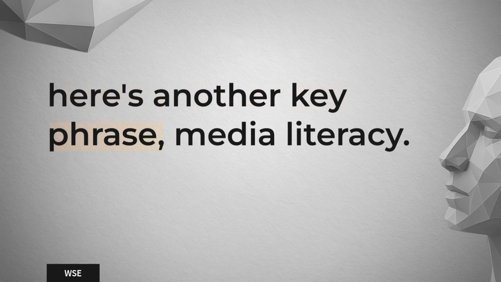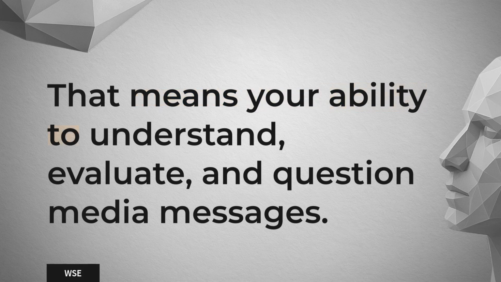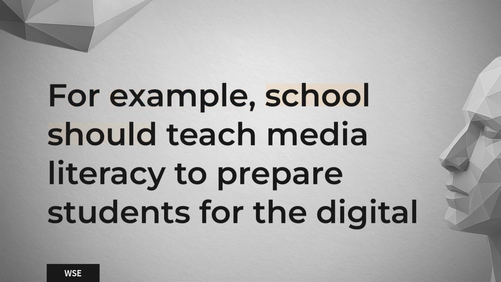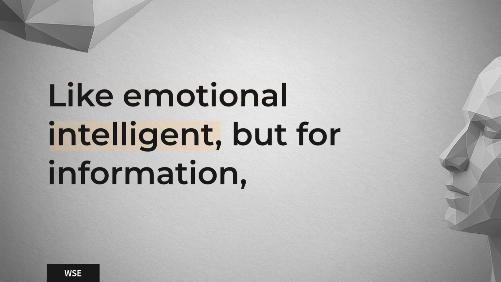Here's another key phrase, media literacy. That means your ability to understand, evaluate, and question media messages. For example, schools should teach media literacy to prepare students for the digital world. It's like emotional intelligence, but for information.